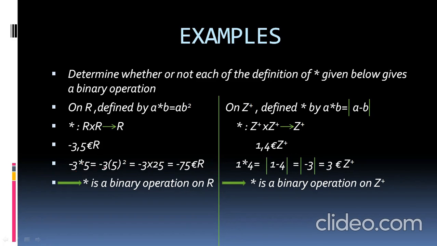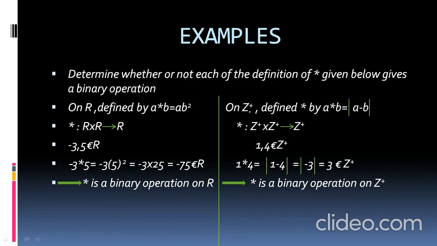So we will get minus 3 into 5 square, that is minus 3 into 25, which is equal to minus 75. Now minus 75 is again a real number. So in general we can say if we apply this operation star on any two real numbers, again we get a real number. So this implies star is a binary operation on the set of real numbers.